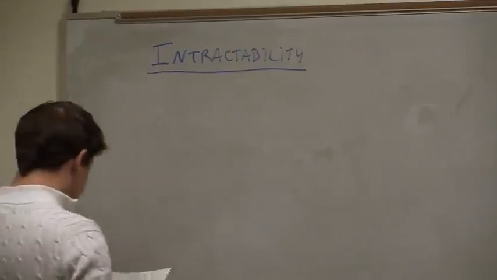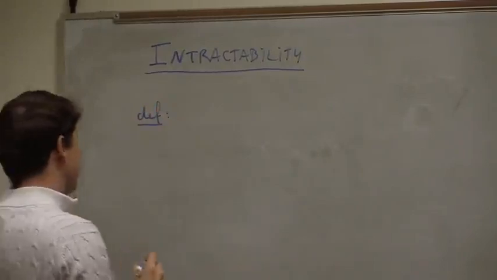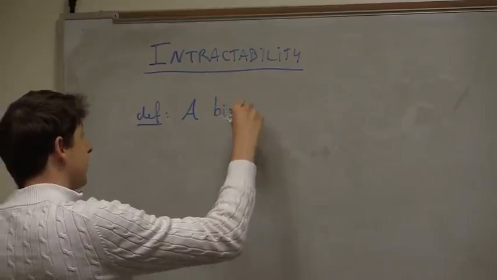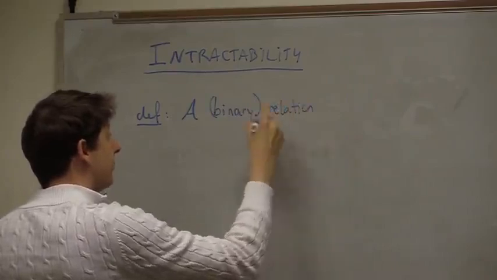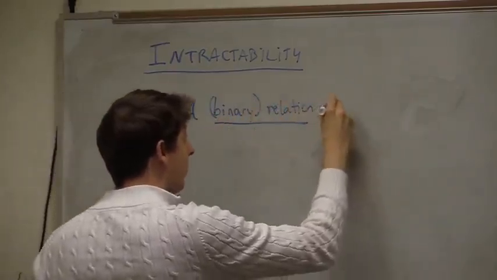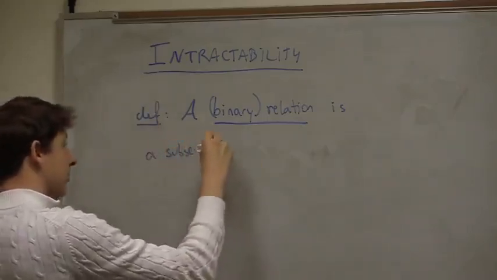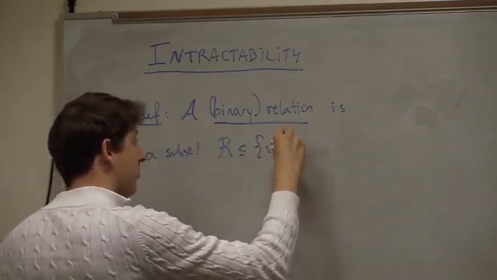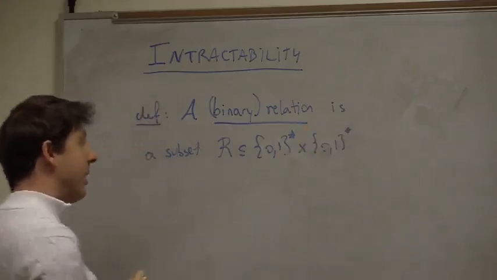And the first definition I want to put down is that of a binary relation. Usually we don't really say binary, a relation is a subset R of pairs of strings.